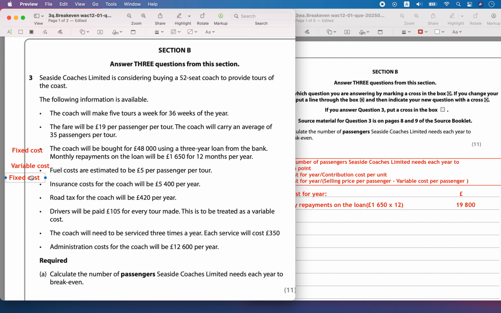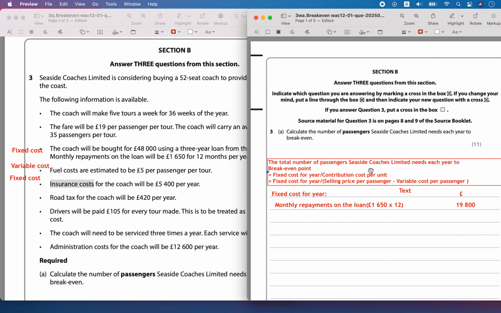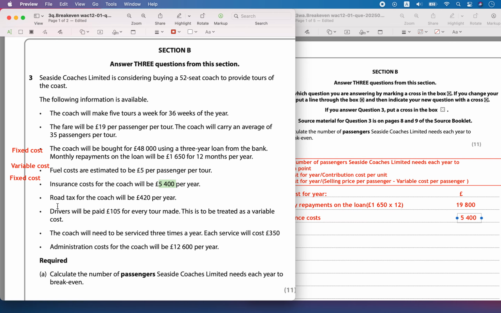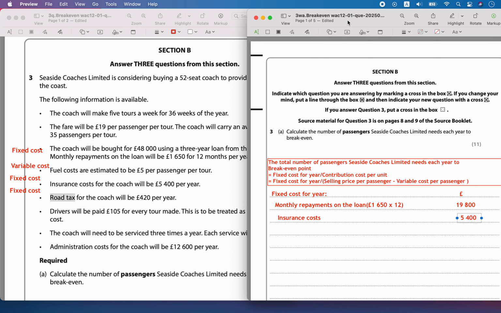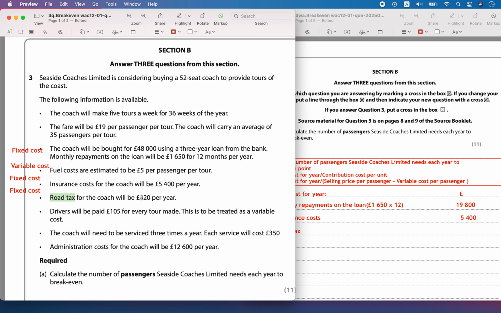This is a fixed cost, not dependent on the number of passengers being carried. Then road tax for the coach will be 420 pounds per year. Again it is a fixed cost and not dependent on the number of passengers.